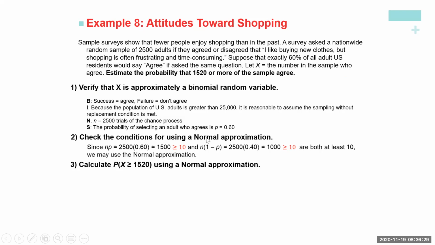And n times 1 minus p, so 2,500 times 0.4 equals 1,000. Yes, greater than or equal to 10. Check. You have to actually write that step down in order to proceed with your binomial calculations. So we are finding the probability that X is greater than or equal to 1520 using a normal approximation.